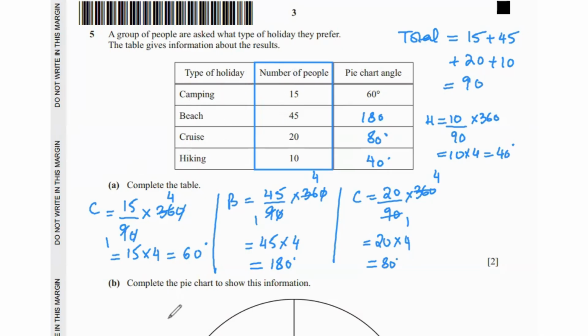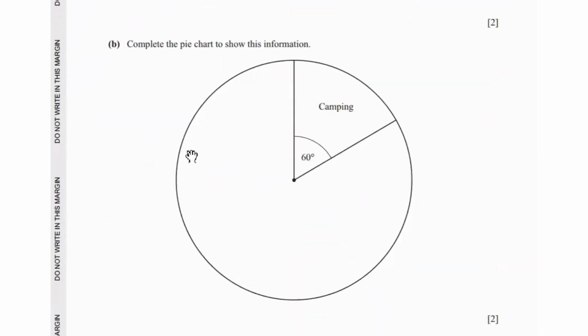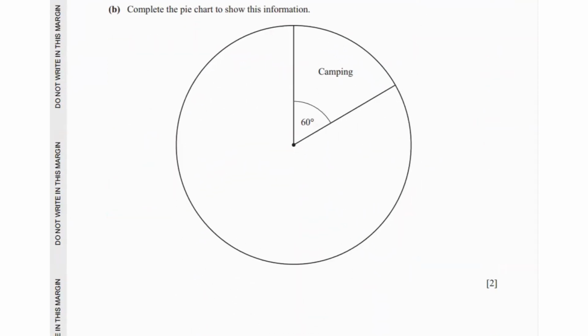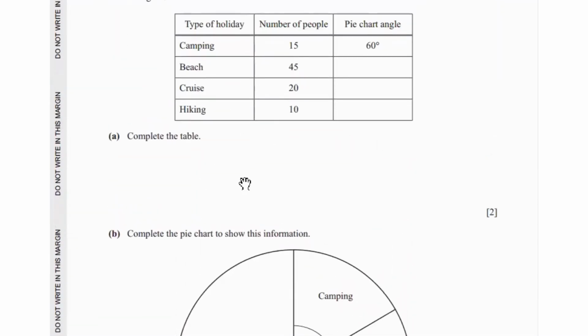Now in the next part, we have to complete the pie chart and show all of this information. They've already made the sector for camping. So we know that beach was 180 degrees.